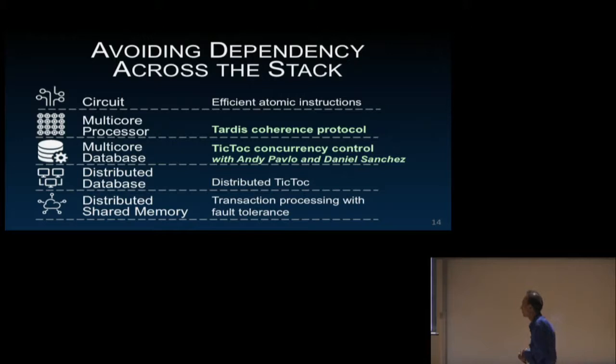I'll tell you about the TARDIS cache coherence protocol. Then, together with Andy Pavlo, a professor at CMU in the database group, and Daniel Sanchez, one of my colleagues, we've done some work on concurrency control, a different level of parallelism involving concurrent execution of database transactions, where the same ideas apply.